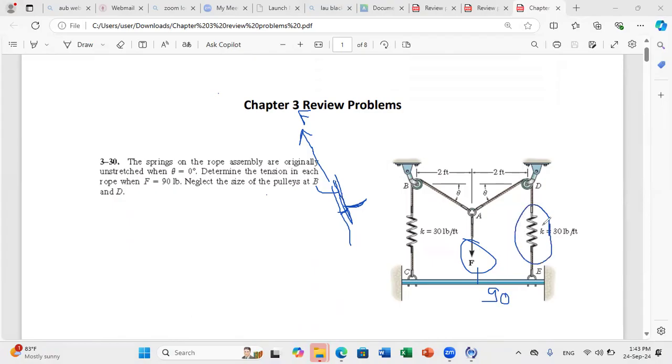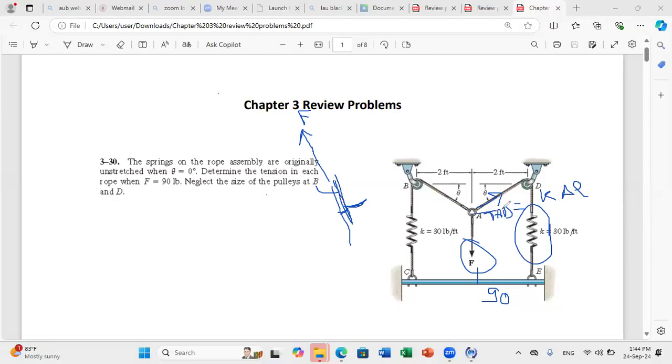And to be able to calculate the tension in the cable, you can say that the tension in the cable AD is due to the stretching of the spring. So TAD can be calculated as K delta L. Now, how to get delta L? You need to use geometry here, Saria. The stretching of the spring is actually due to what?